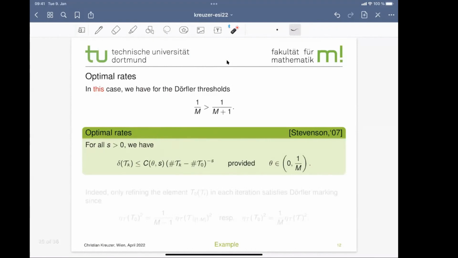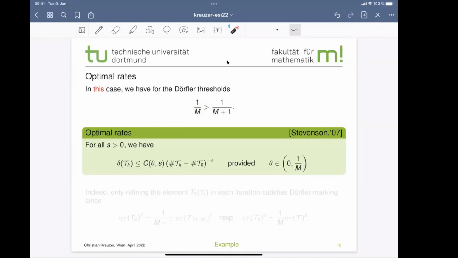Okay, now optimal rates. In our example, we have the thresholds. This is the threshold from the Stevenson paper, and this is the threshold from the axioms paper. So they're slightly different, but in our case, this is the sharper threshold, so we go with that.